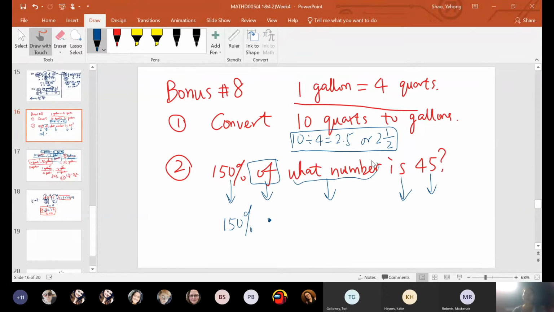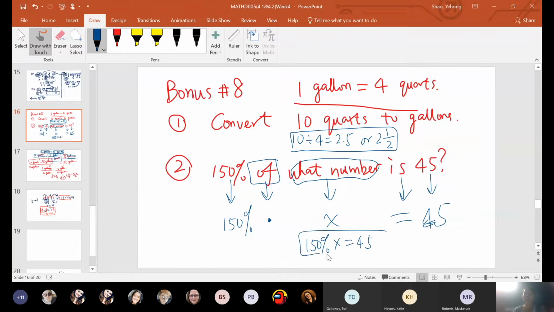What number? Well, we don't know. That's the unknown, so put an X there. Is, it's an equal sign. In math, is means equal. 45 is just 45, it's already a symbol. So after you convert every single word to a mathematical symbol, you get an equation: 150% times X equals 45.